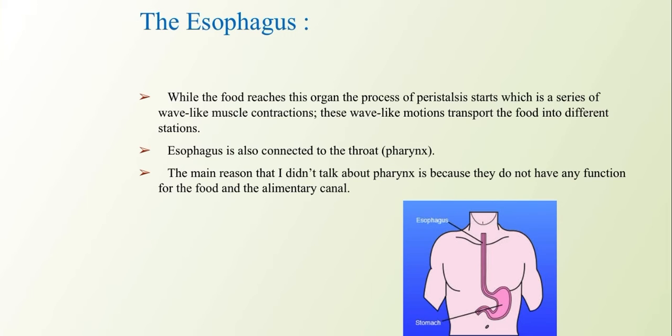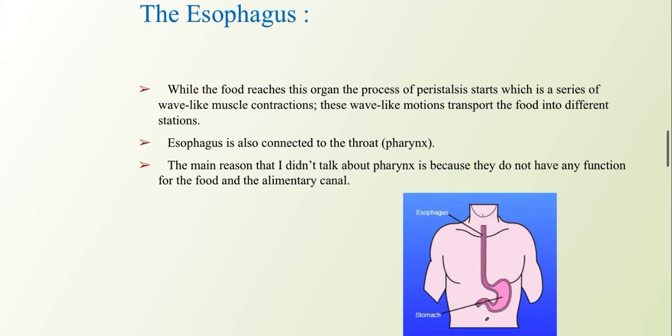So peristalsis goes on from the esophagus until the end of the alimentary canal, encouraging the food to pass much more quickly and easily. Indeed, the main reason I didn't talk about the pharynx is because it doesn't have any function for the food in the alimentary canal, as I said before.